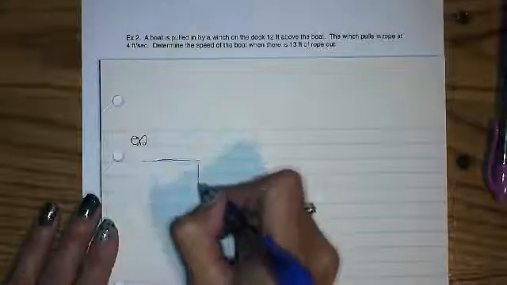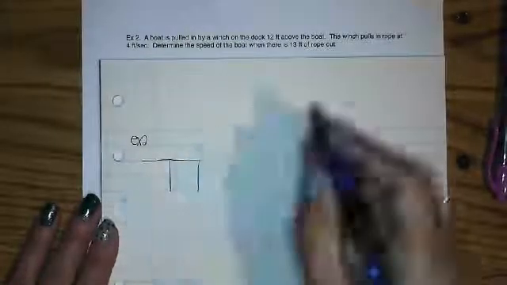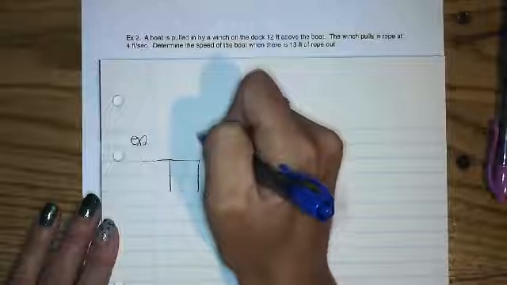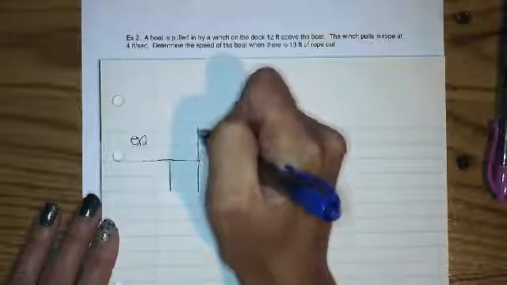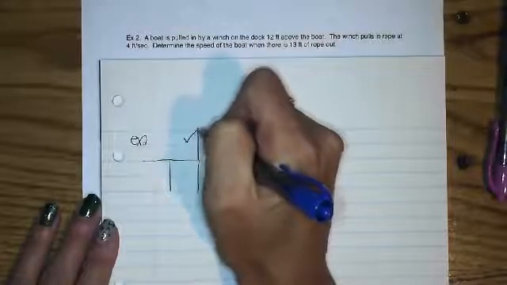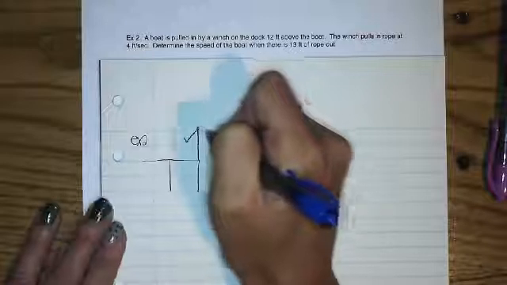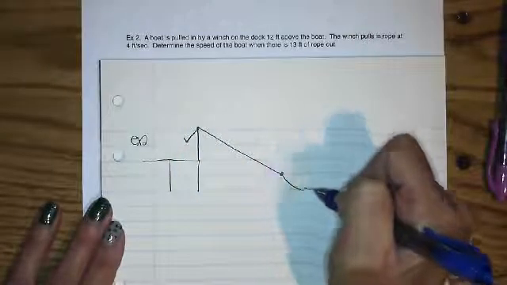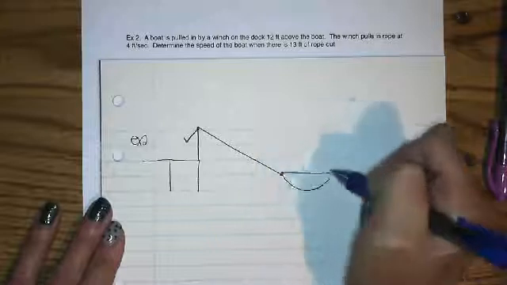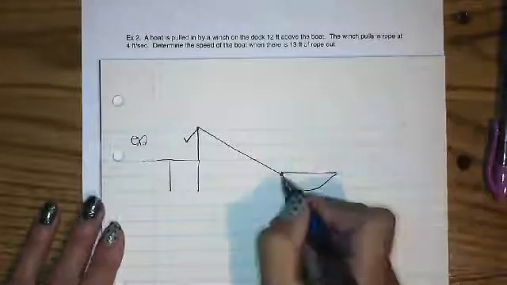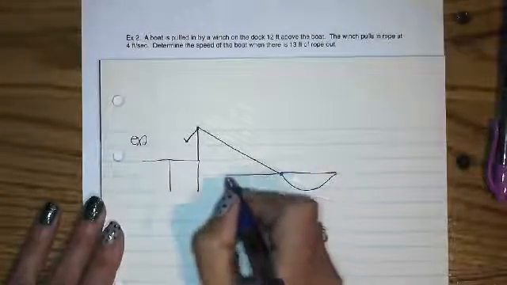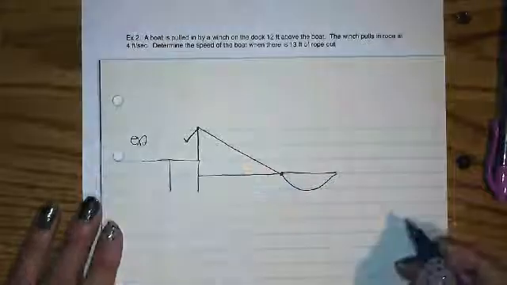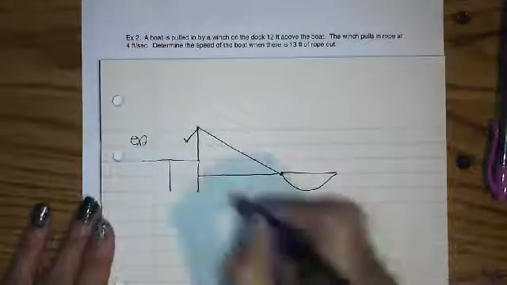Alright, so we've got a dock. Then we've got a winch, which is just a crank with a handle that has the rope attached to the boat. Okay, and it's being pulled in to the dock.